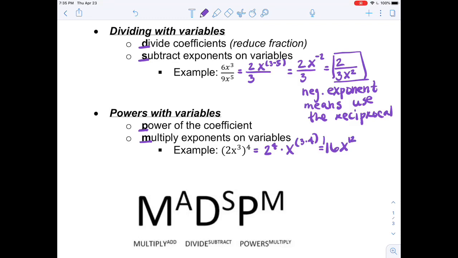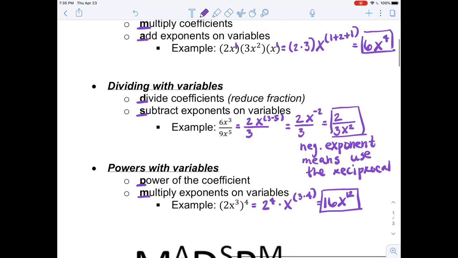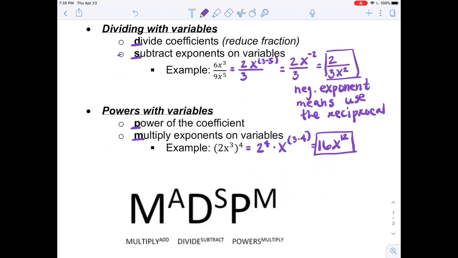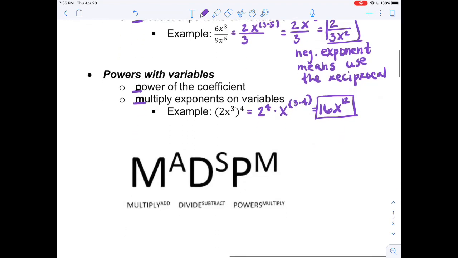So these are rules that we used back in chapter 5, but I just wanted to go over them real quick with you to refresh your memory. All of these things that I've underlined: M for multiply coefficients, A for add exponents, D for divide coefficients, S for subtract exponents, P for taking power of a coefficient, and M for multiplying exponents.